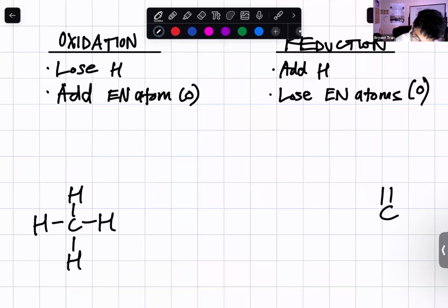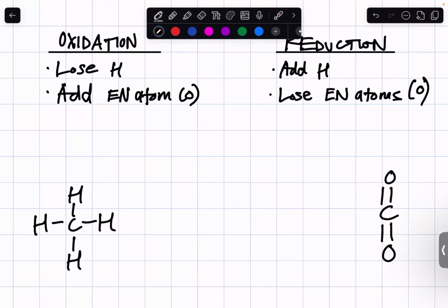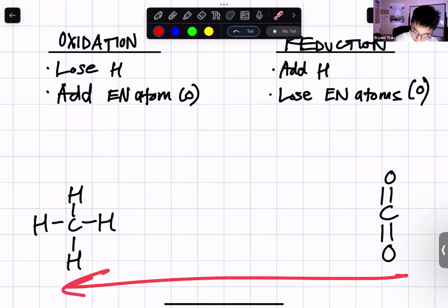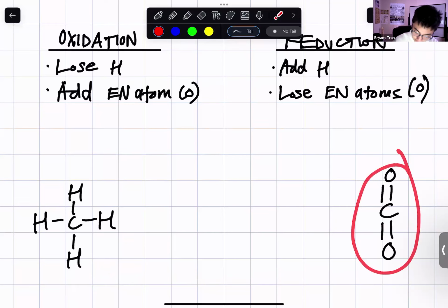On the other end of the spectrum is carbon dioxide, the most oxidized organic compound because it has four bonds to oxygen. Now we put the organic compounds in between, reducing carbon dioxide all the way to methane.